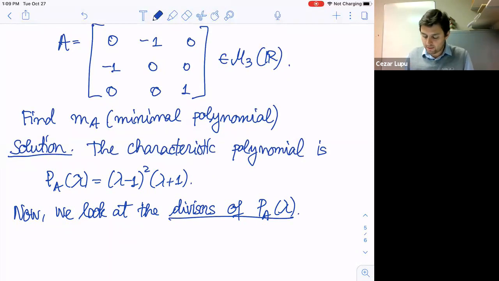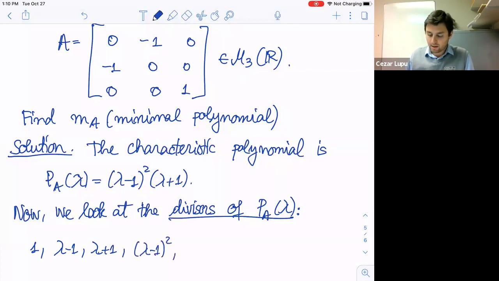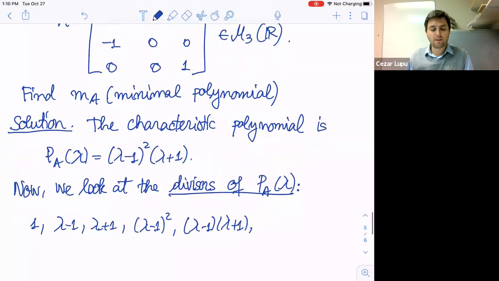So what are the divisors of this? There will be 1, which will divide that product, then we'll have lambda -1, then lambda plus 1, then lambda -1 squared, then lambda -1 times lambda plus 1. What else do we have? Is there anything else left? Well, why not the polynomial itself? I hope I'm not missing anything. So we have 1, 2, 3, 4, 5, 6. We have 6 divisors.